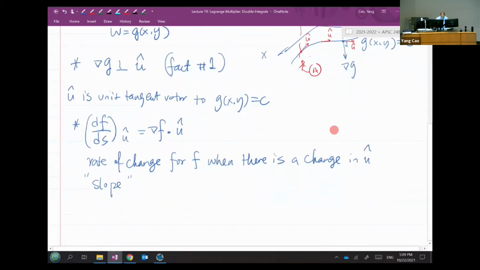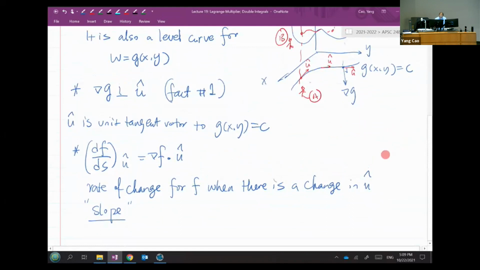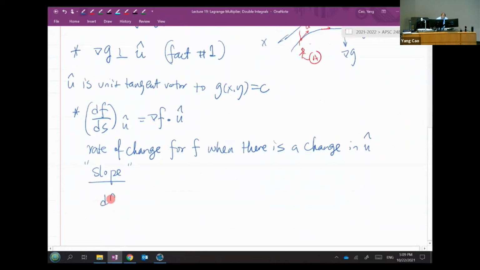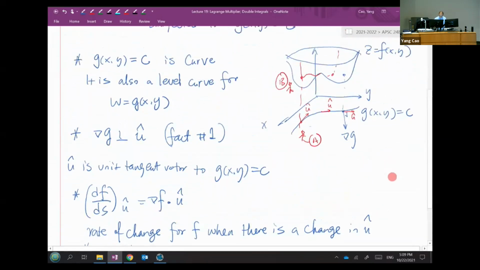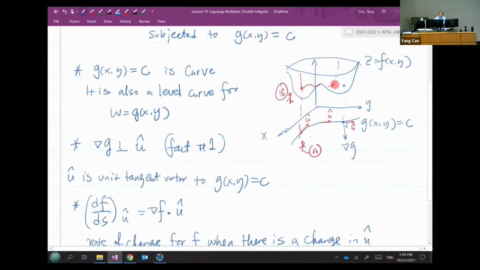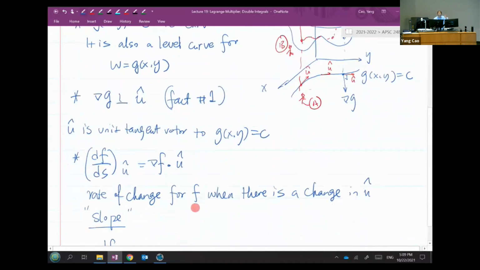So now the question basically is, if this is a slope concept, then when df over ds is equal to 0, guess what? The rate of change is equal to 0 at that location, right?